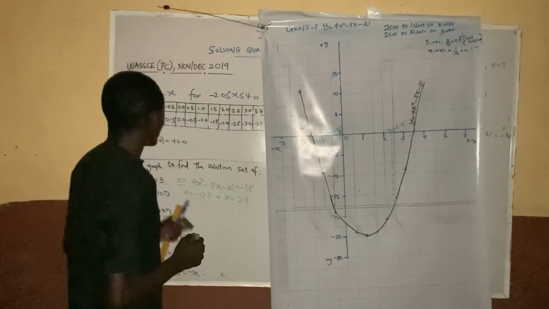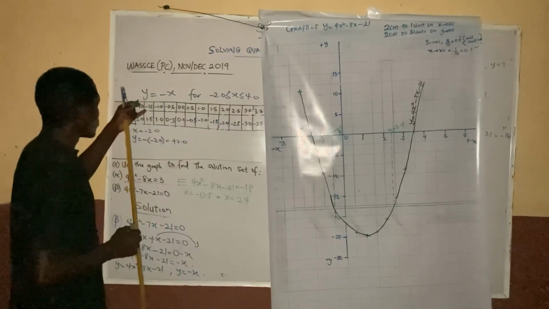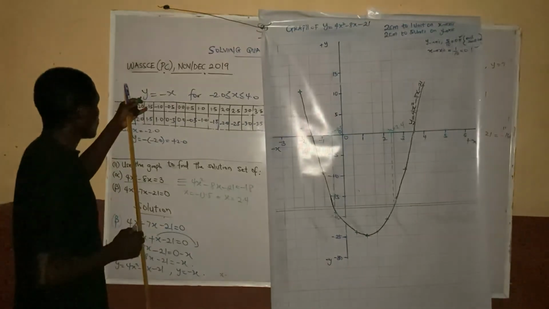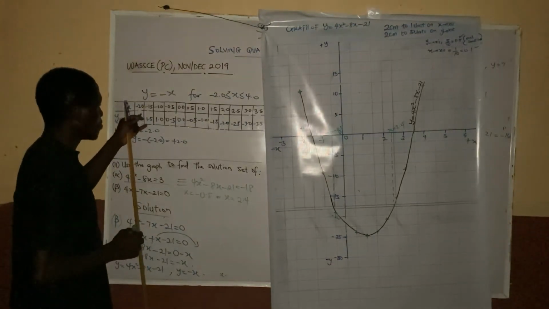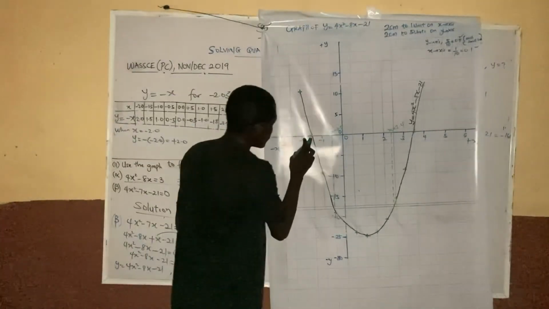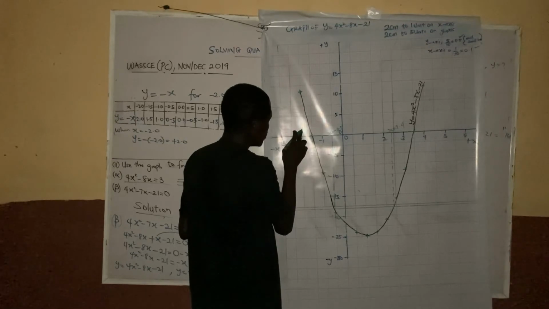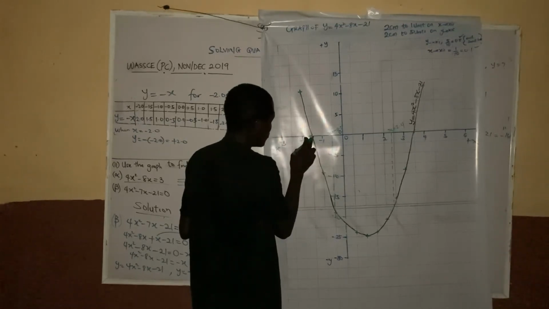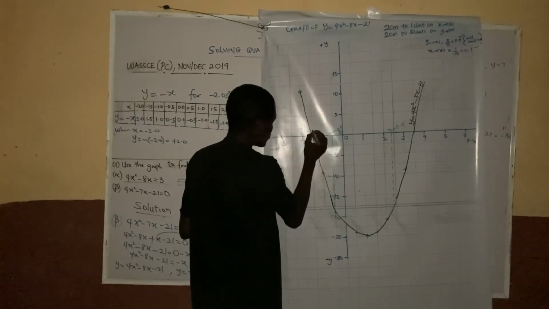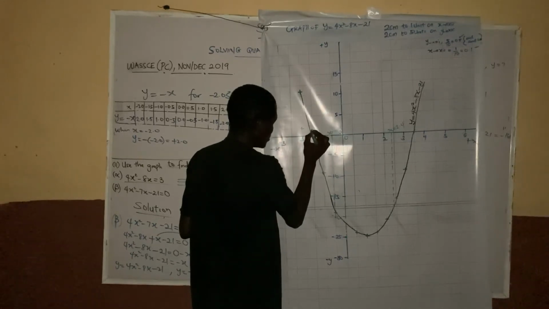The next thing is to locate minus 1.5 against 1.5. This is 1.5, and this is 2, this is 1.5 for y. So minus 1.5 against 1.5 will be here.